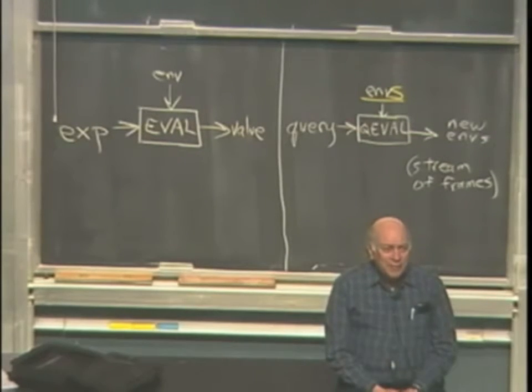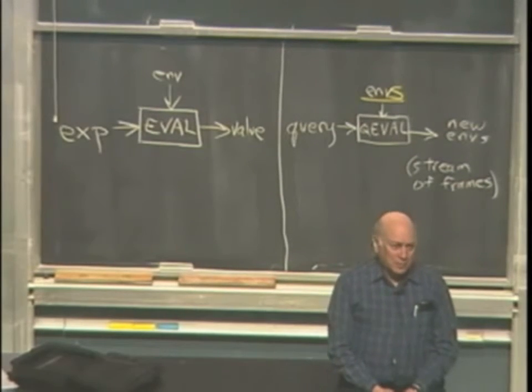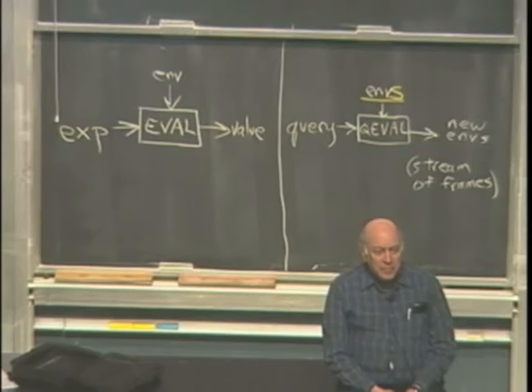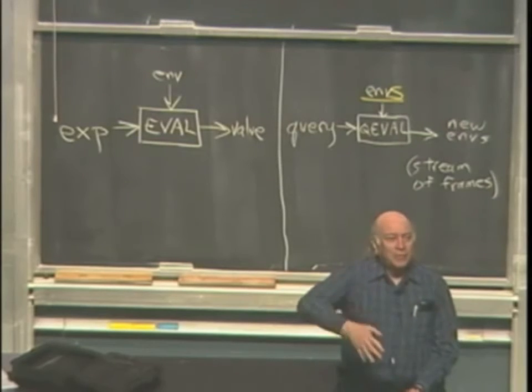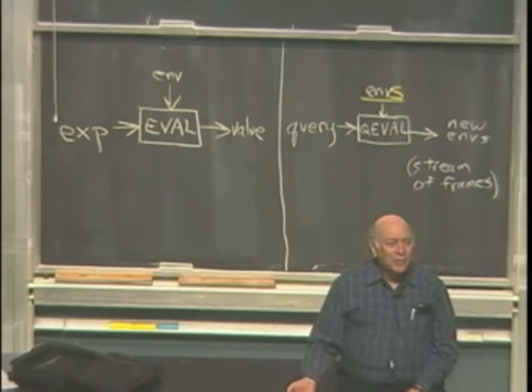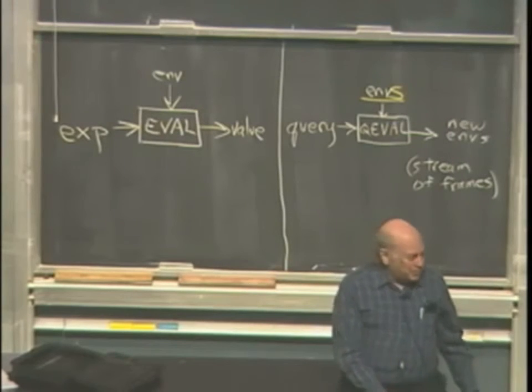And so for every assertion and rule that matches, we get a new set of bindings. And it can get to be infinite because of recursive rules. So you can end up generating an infinite stream of frames that way. And of course, as usual with streams, what's really happening is they get generated one at a time, and the next one is generated only when we force a promise by taking stream-cdr. Just as when we learned about streams the other week.